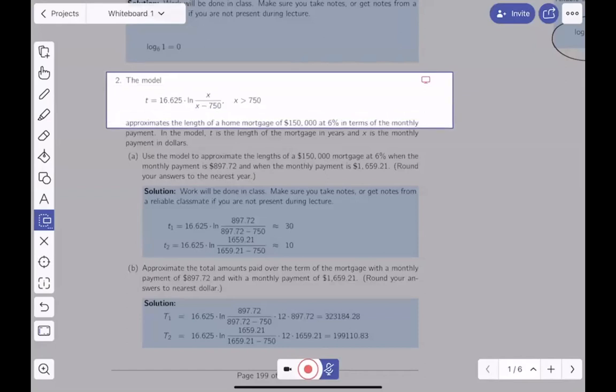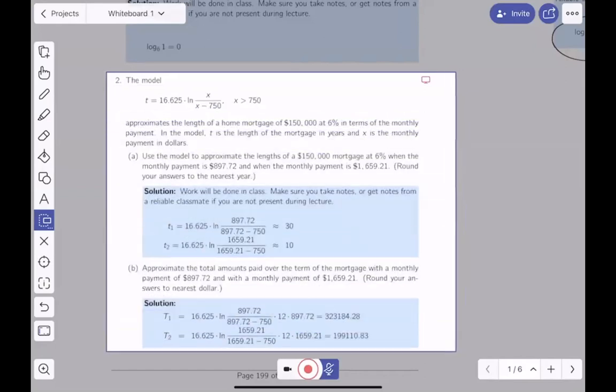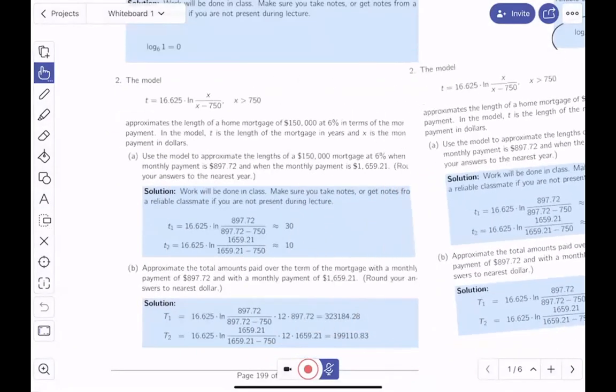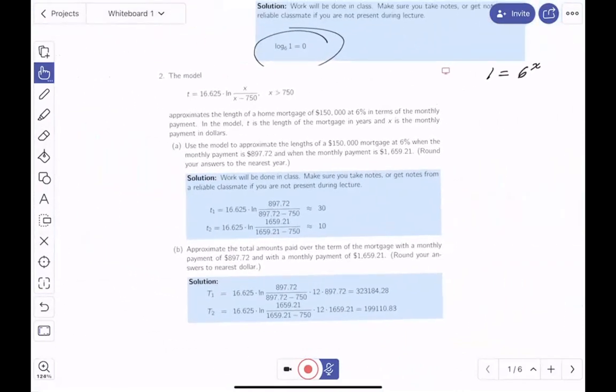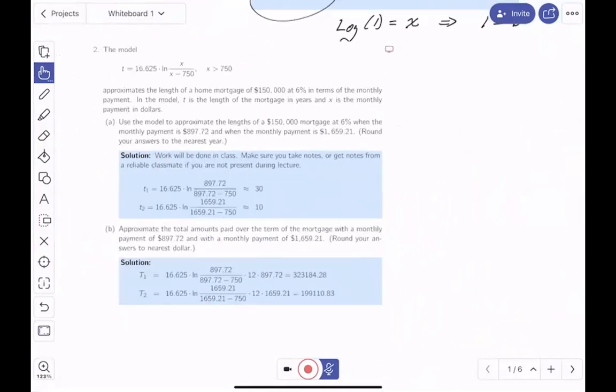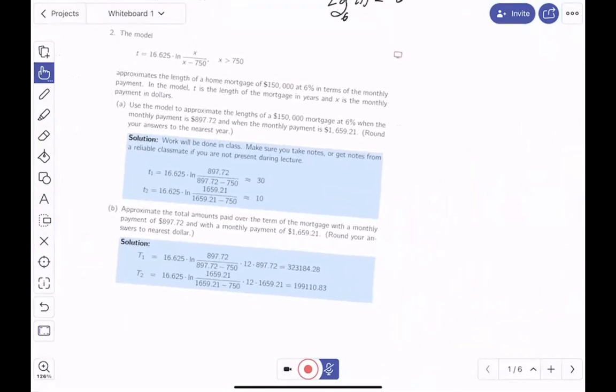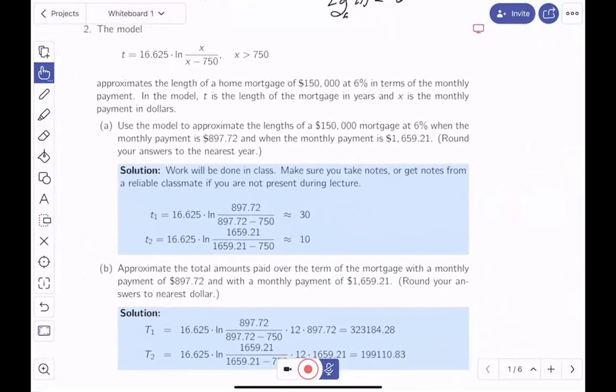All right. So as I look at this over here, we'll talk about this when we start using technology as well. Give me 1 second here. And I'll read it to you. What does it say? It says the model where T equals, this looks complicated, approximates the length of a home mortgage of $150,000 at 6% in terms of monthly payments.